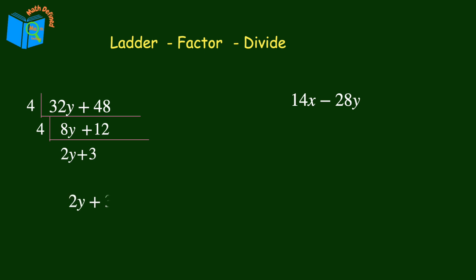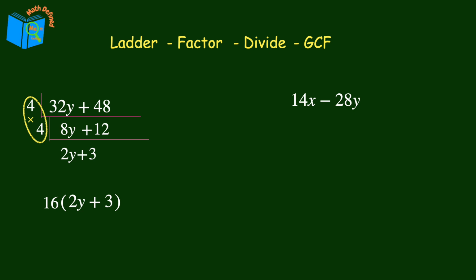We'll bring down the 2y plus 3 and place parentheses around them. The last step is to find the GCF for these terms by multiplying the two shared factors. And 4 times 4 is 16. So 16 is the GCF. We'll place it outside of the parentheses, and that's it. The factored expression is 16 times the quantity 2y plus 3.